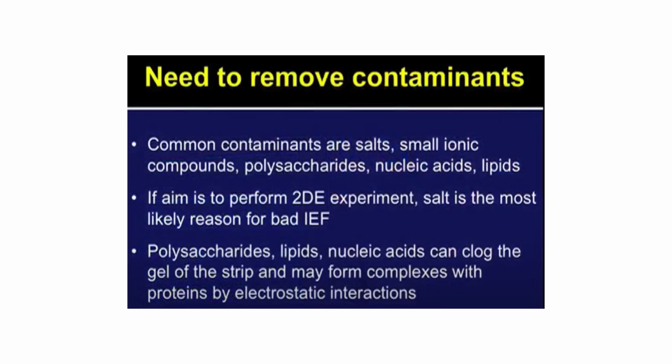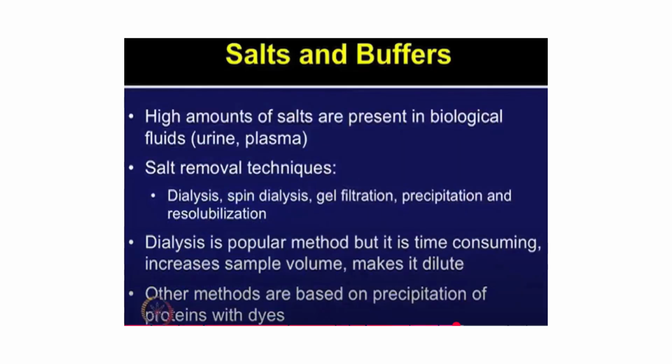Similarly, in that process itself, you need to remove the contaminants as well, such as nucleic acid, polysaccharides, lipids, etc. In the purification process, whatever salts you have used for keeping the protein stable, or whatever buffers, those need to be removed by using dialysis.